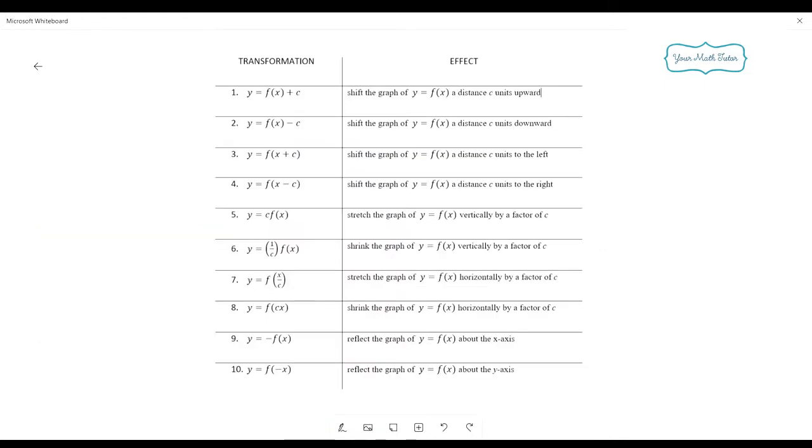These are the 10 transformations that we're going to be applying to the graph of y equals 2 to the power of x, and the effects that each transformation has on the graph. For example, the fourth transformation is y equals f of x minus c, which shifts the graph of f of x a distance of c units to the right. You will see all of these as I go through them.